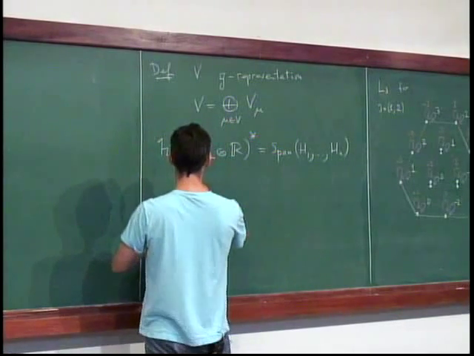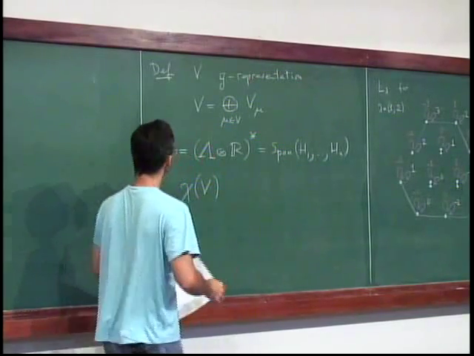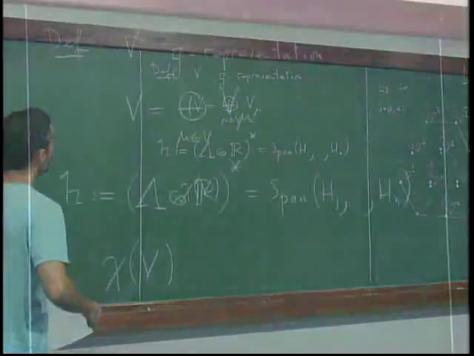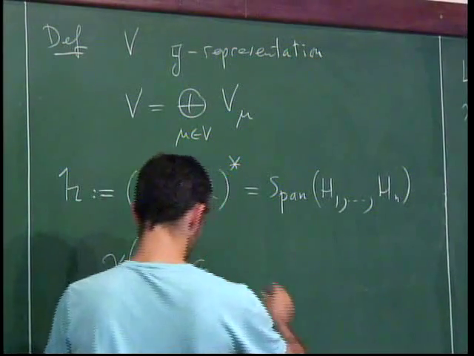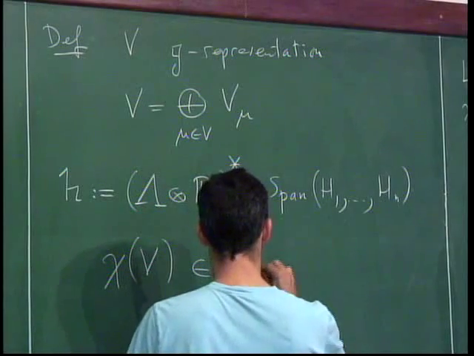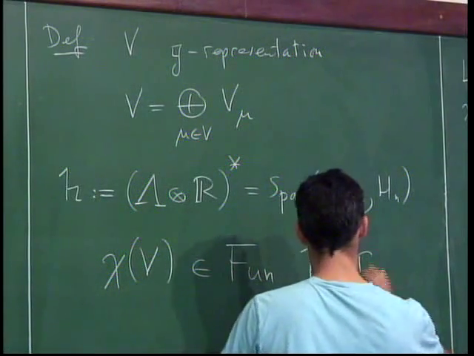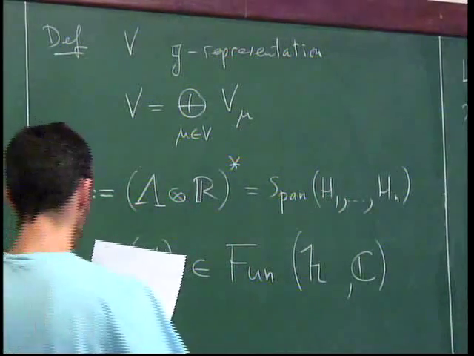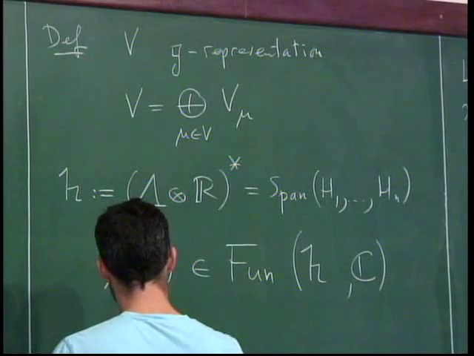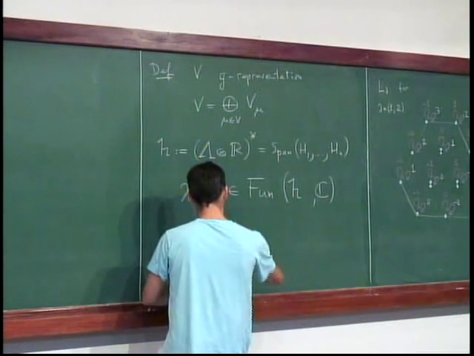So the character of V is an element of the space of functions from H to C, and is defined to be evaluated on a point t.